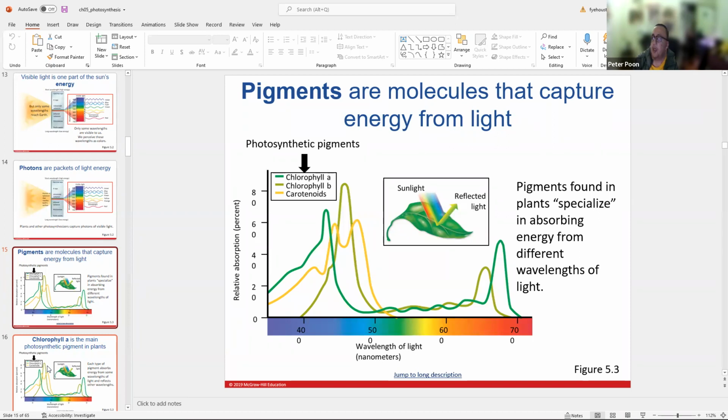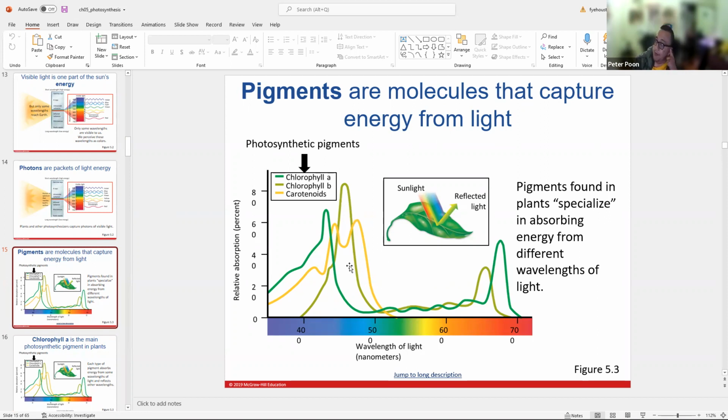Pigments found in plants specialize in absorbing energy from different wavelengths of light. There are two types of chlorophyll in the plant. Both of them are green, which is why they don't absorb at all in the green region, but almost every other region they do absorb.